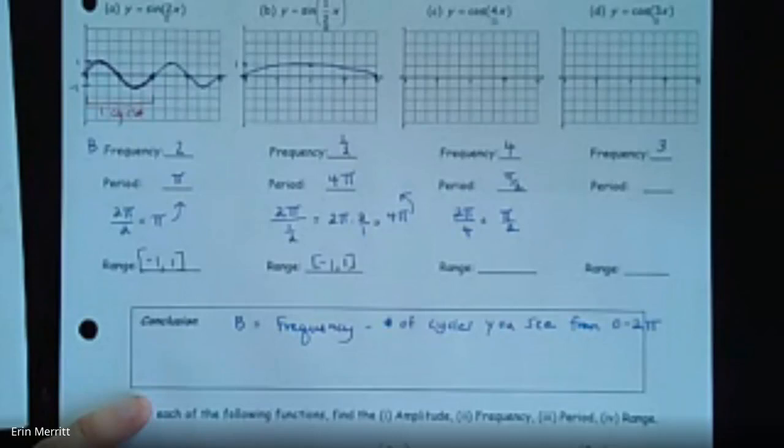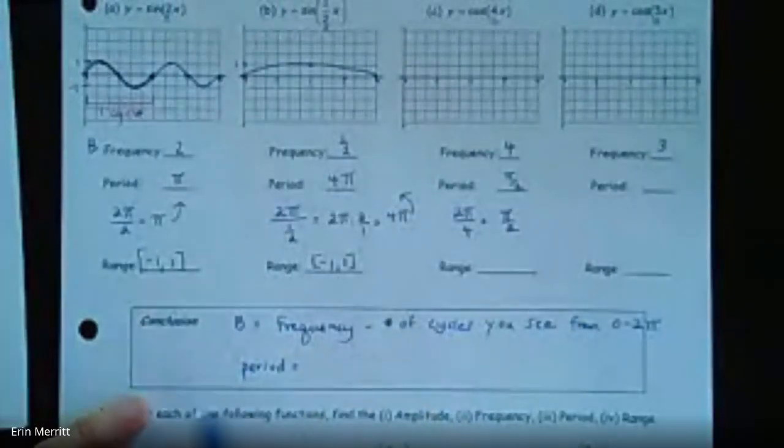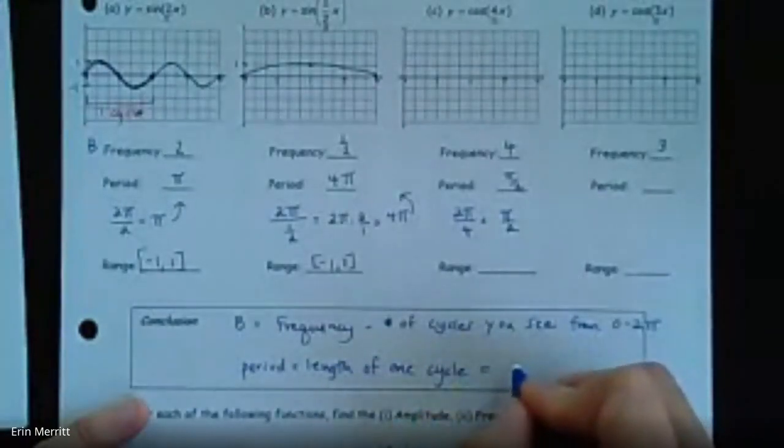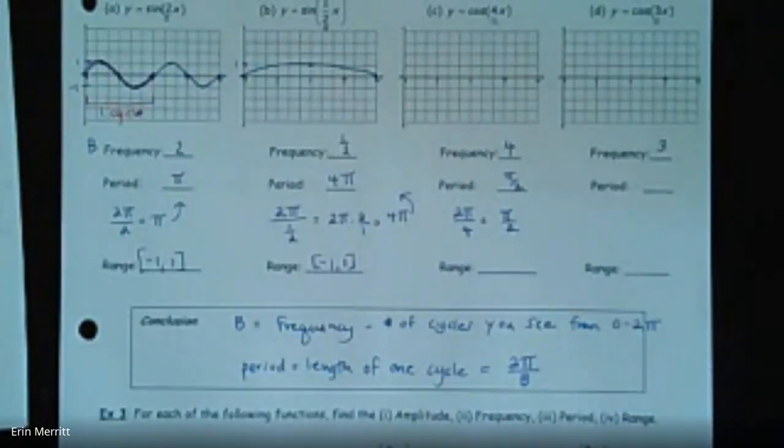And then as for the period, how you can always calculate it, because it represents the length of one cycle, is simply to take 2 pi and divide it by whatever b is. And that'll tell you what the length of the cycle should be.